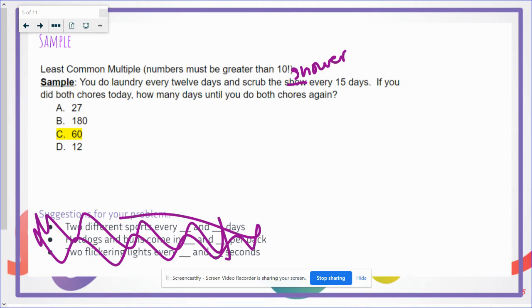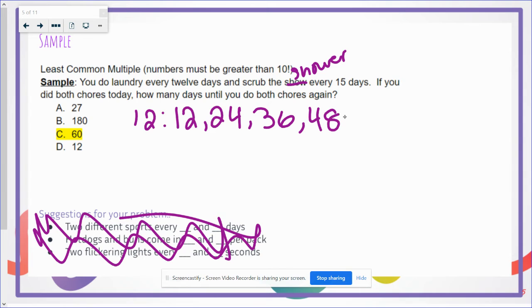So let's start with the laundry. I'm going to count by 12s because we'll do it again in 12 days, then in 24, then in 36, then in 48, then in 60. And remember, we only really need to list our first 4 or 5. And then after that, if we can't find one, we'll keep going.